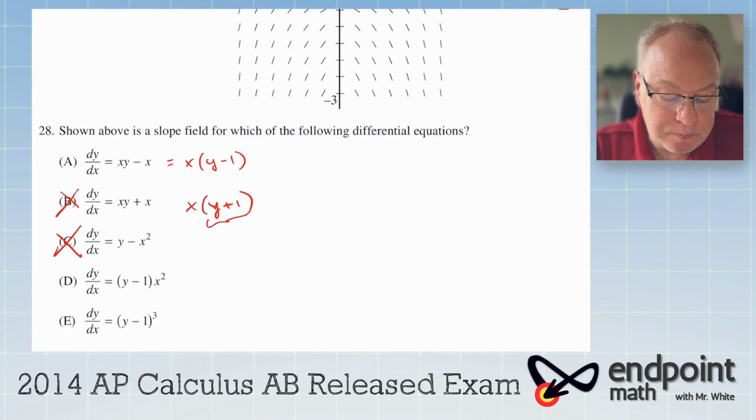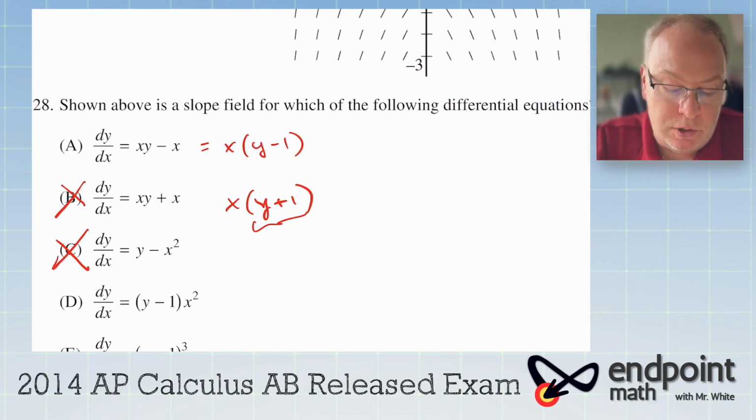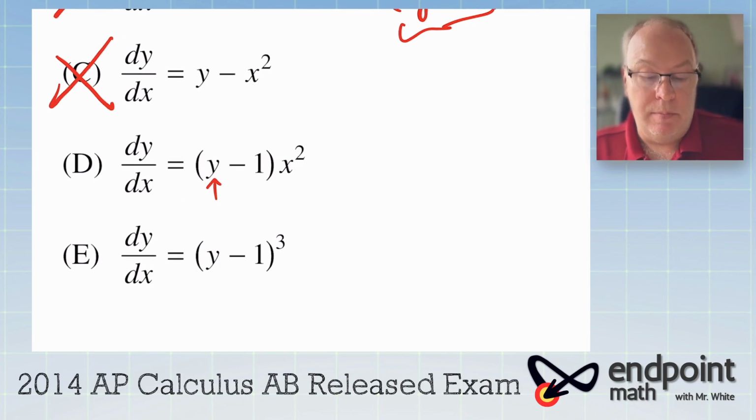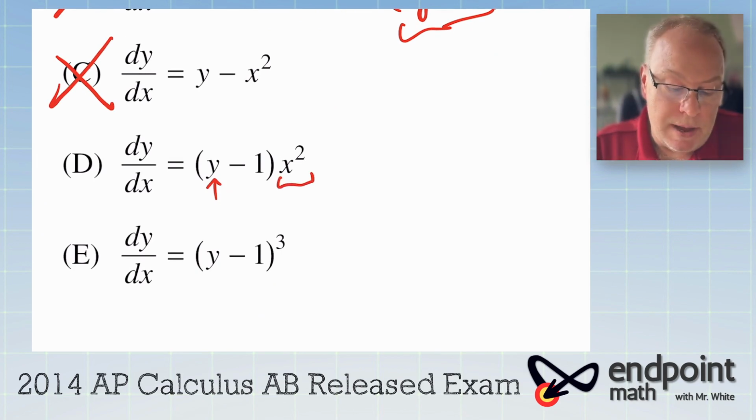So when y is big and x is big, we get positives. Yeah, that works. So A is still in the mix. All right, what about this one here? When y is real big and x is real positive, we also get positives.